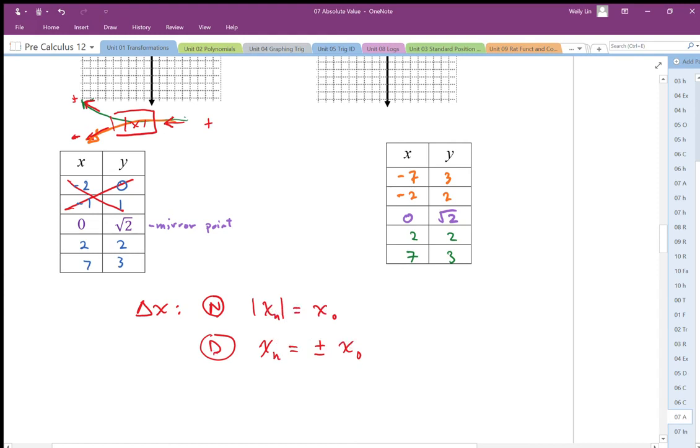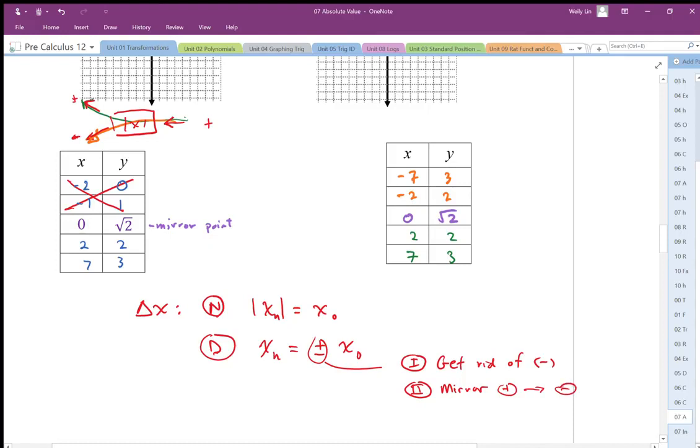This plus minus means to do two things. Number one, get rid of negatives. That's what happened up here. Secondly, you have to mirror the positives to the negative side.